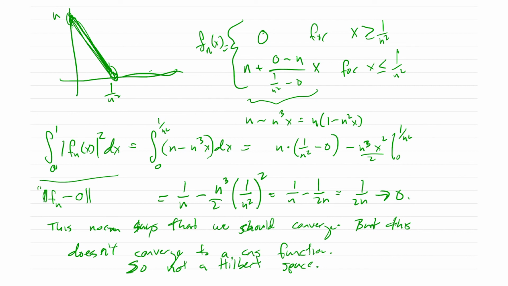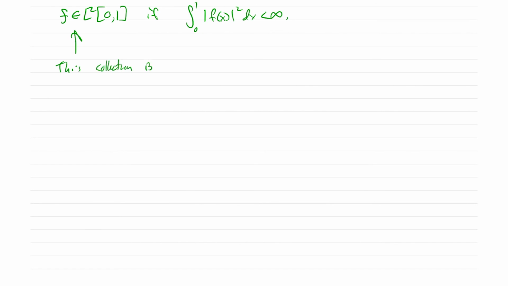There is a way of looking at this, and you can define these sort of quote functions from L2, say 0, 1, if you have the integral from 0 to 1 of f of x squared dx is less than infinity, right? The continuous functions certainly satisfy that, but the thing is that this collection is not a collection of functions.